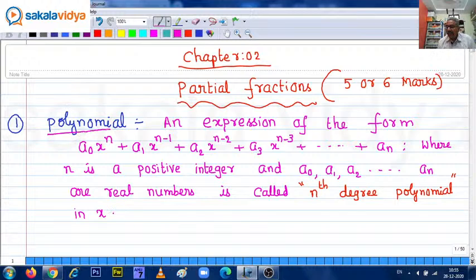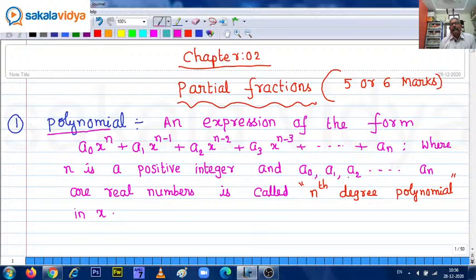So a polynomial will have a finite number of terms, and also the exponent must be a positive integer. It should not be negative, or it should not be any radical symbol, any fraction. An expression of the form a0 x to the power of n plus a1 x to the power of n minus 1 plus a2 x to the power of n minus 2 plus a3 x to the power of n minus 3 and so on an, where n is a positive integer.